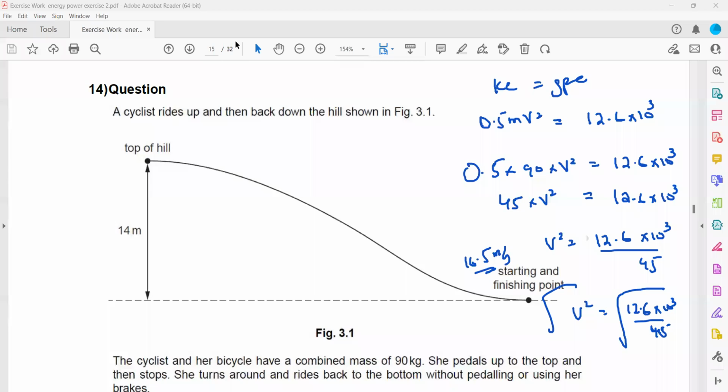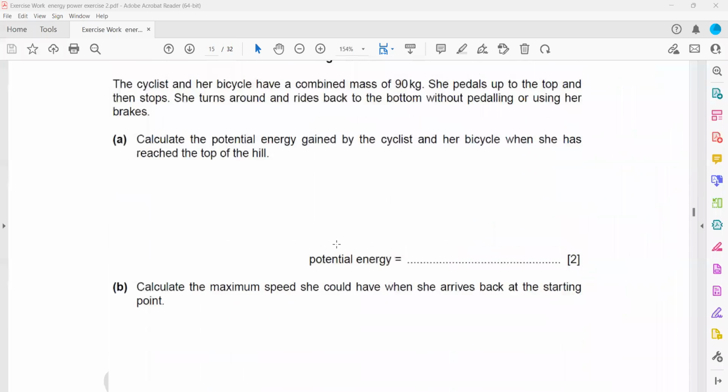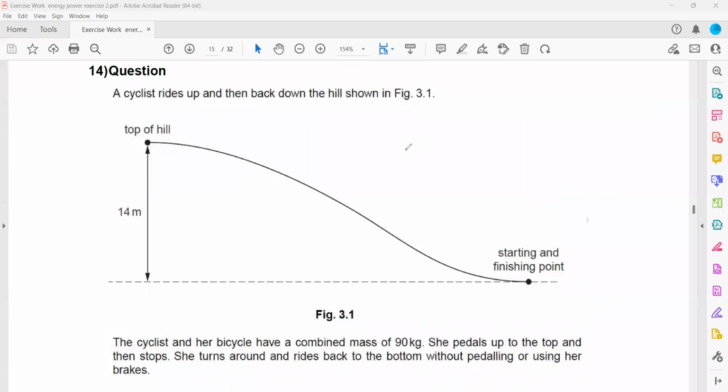Then the next part they're saying, in practice, her actual speed will be less. We calculated that she will cross with a speed of 16.6 meters per second. But in practice, her speed will be less than 16.6.